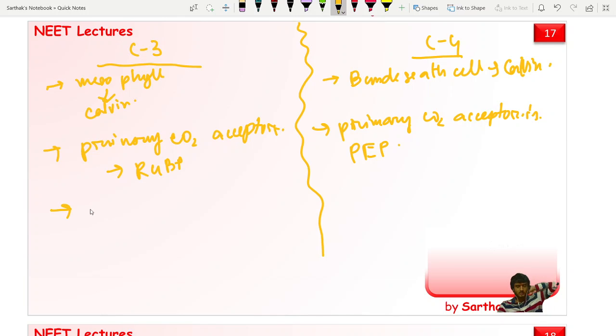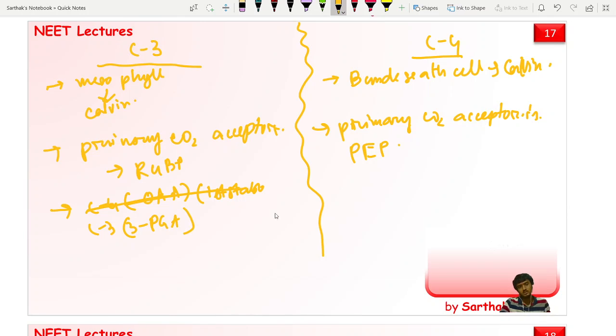Here the first stable product is a C4 acid, which is oxaloacetic acid. This is the C3 cycle, this is a C3 acid, which is 3-PGA, 3-phosphoglyceric acid.